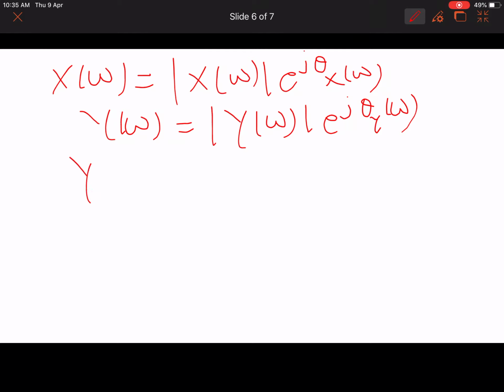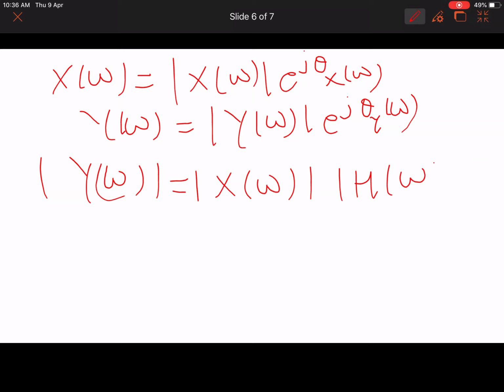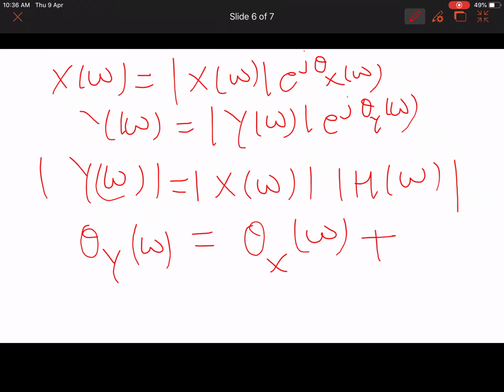So we can represent Y(ω) as the multiplication of the magnitude of the input and the magnitude of the impulse response. While if we try to find the phase response, then it is the summation of the input phase and the phase response of the impulse signal.